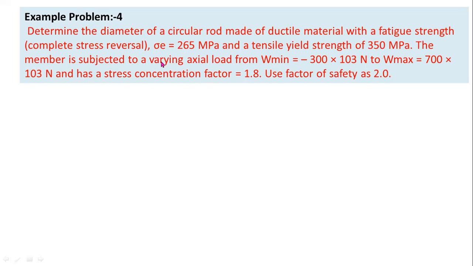The member is subjected to varying axial load from minimum load minus 300 into 10 power 3 newtons to maximum load 700 into 10 power 3 newtons and has a stress concentration factor equal to 1.8. Use the factor of safety as 2.